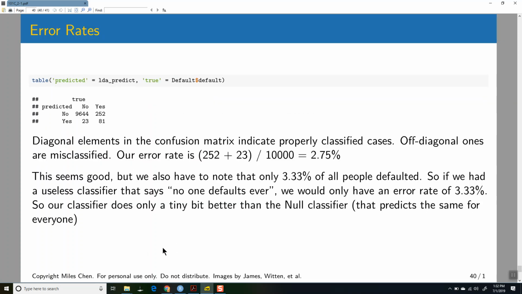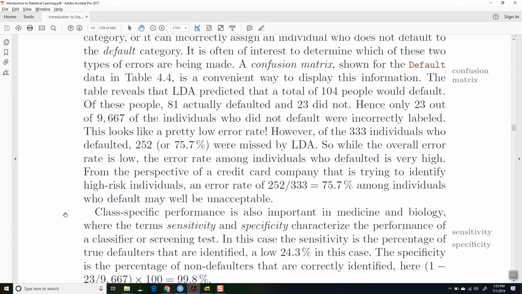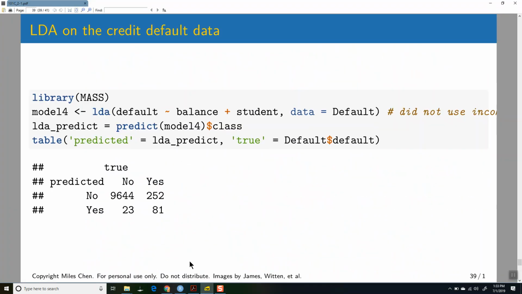So, I'm going to jump over here because I didn't finish all of my notes here. I want to talk about the sensitivity and specificity here, okay? Whenever you're trying to decide if something is true or not true, we're predicting a class here.